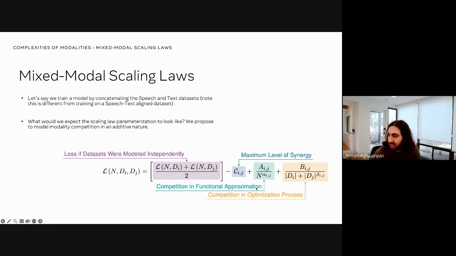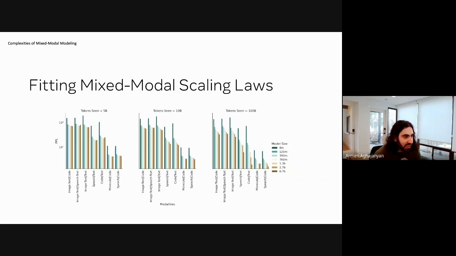And then you get some error terms that are very similar to the ones in Chinchilla, which is, there's some type of competition that occurs in the functional approximation space, and then there's competition between modalities that occurs in the optimization process. And so we get this very trivial extension to Chinchilla scaling laws that gives us the ability to answer a lot of questions about training in this mixed-modality setting. And so we went and fit a ton of these empirically across model sizes and across token sizes.